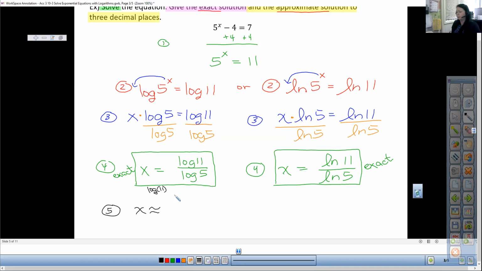I must close that parenthesis after the 11 before I hit divide, close my argument for the 5, hit equals. If your calculator works backwards, then you literally do this backwards: 11, hit the log key, then hit divide, 5, log key, equals. All right, let's see what we get.